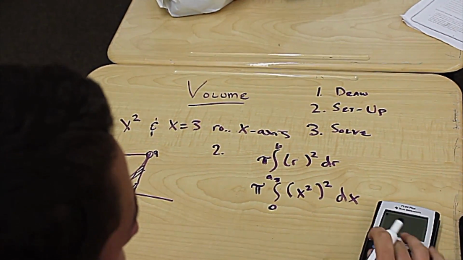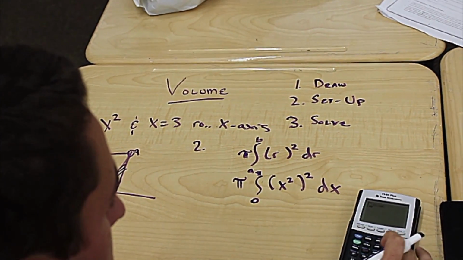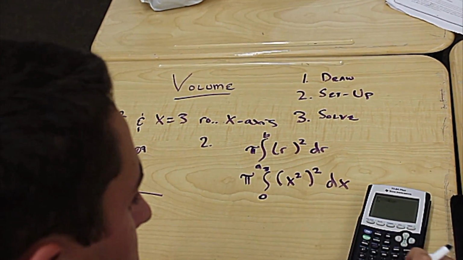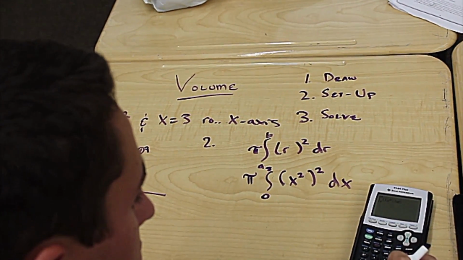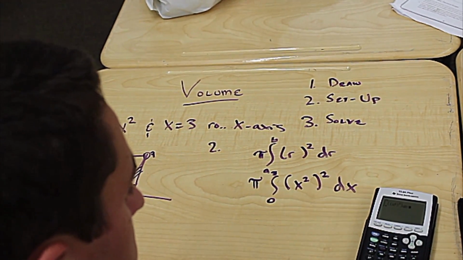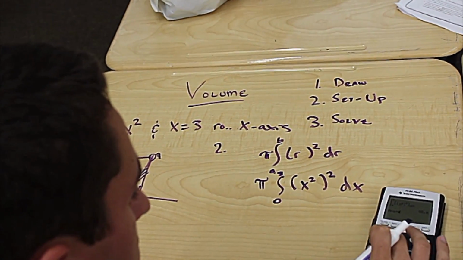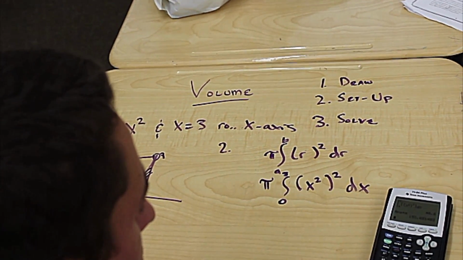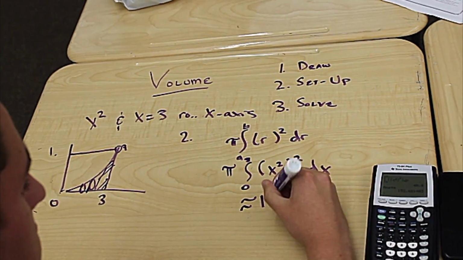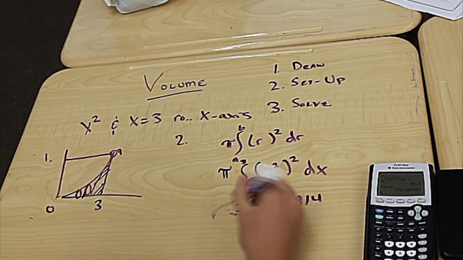But basically you're going to go to the integral button, set it up from 0 to 3, and have x squared dx, and you're going to solve, and then you just have to multiply it by pi. And then that should be essentially what your volume is.